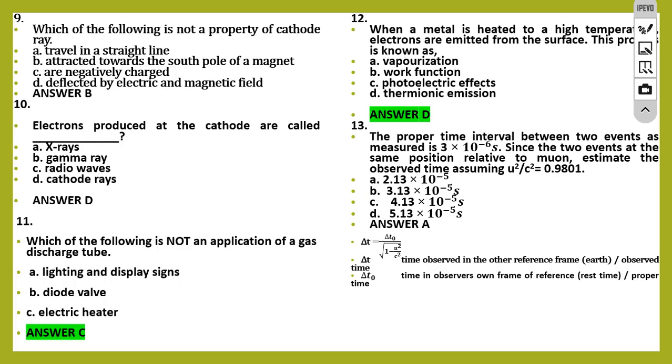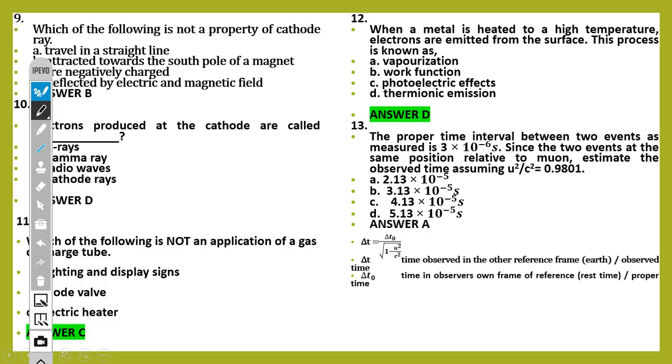So in place of t naught, we substitute 3 times 10 to the power minus 6. Then in place of u squared over c squared, this value is given.